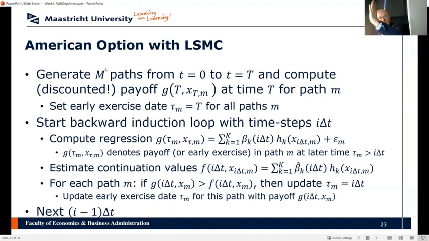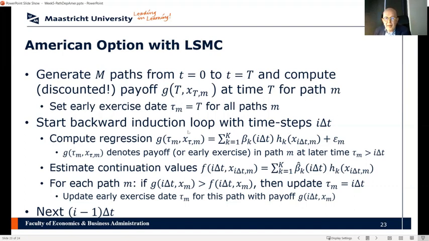Then I start at the end, at capital T, and for each path I use the European payoff G evaluated at time capital T in path number m. This sets the early exercise date at the final date for all the M paths. So I'm loading my Monte Carlo simulation with the final payoff at the final date for each path m.